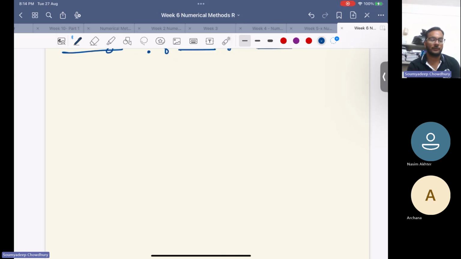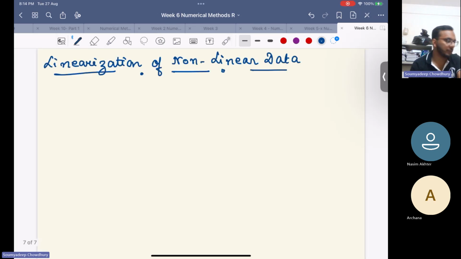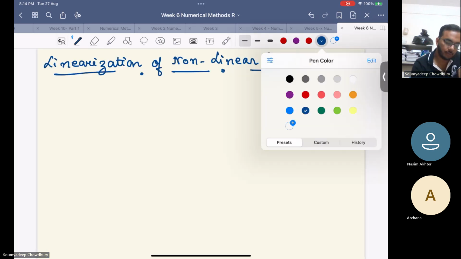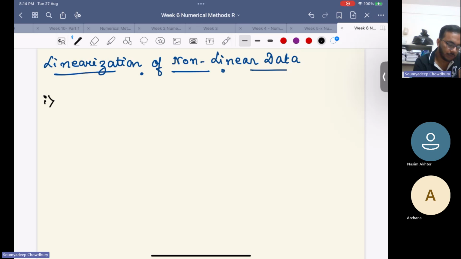Suppose you can fit it in some non-linear form. Suppose the first one is the exponential form, right? So how to convert that data to linear form?